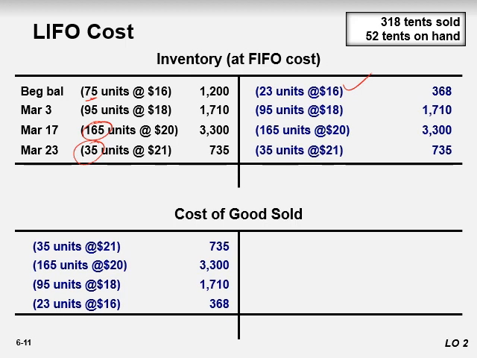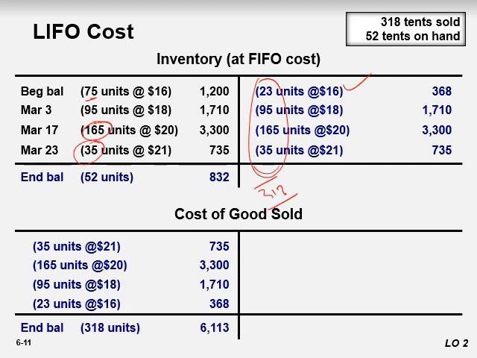So when you add all these units, these units totaled 318. If you multiply with their respective prices, you find out the inventory here. The cost of inventory 6113 and ending balance 832.